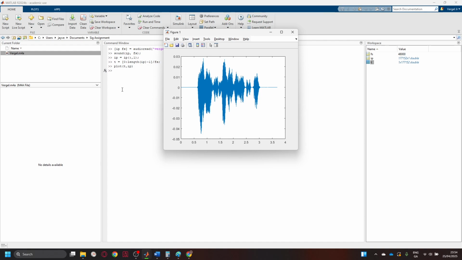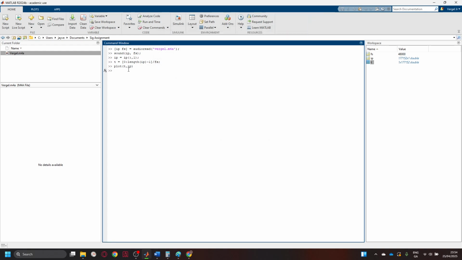Next is putting the labels in. So for that, we just go ylabel. I'm going to set it as amplitude.